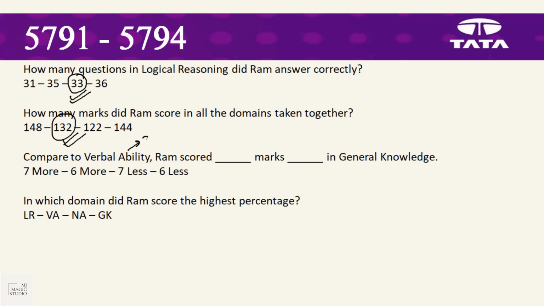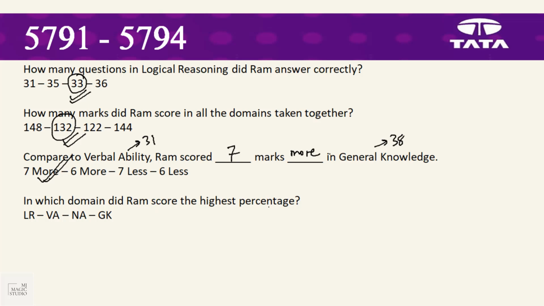Verbal ability marks were 31, and in general knowledge marks were 38. So compared to verbal ability, Ram scored 7 marks more in general knowledge.